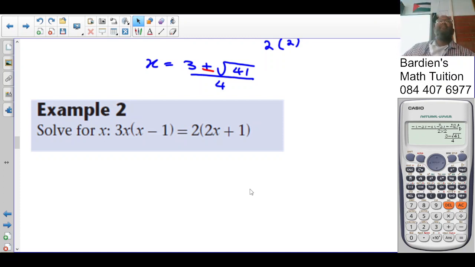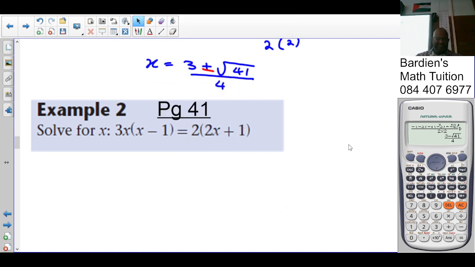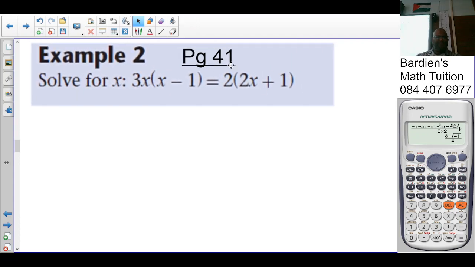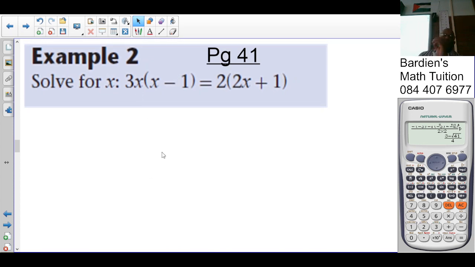Yes? Are you going to tell us to use the formula, or is it up to us? It's up to you. So we won't have to use the long version, completing the square, anymore? No. You see, if the question says solve for x by completing the square, you don't have a choice.